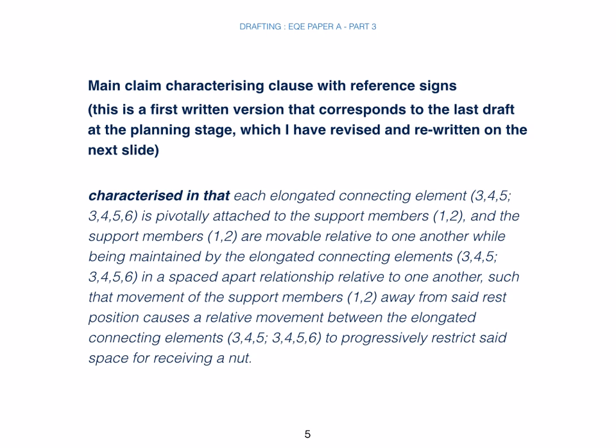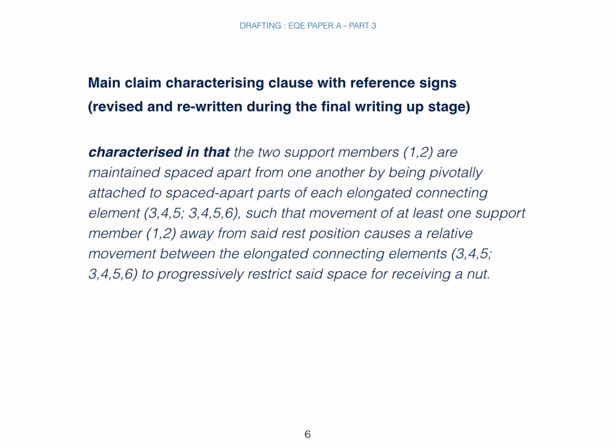So I still have an opportunity to revise the characterizing part. I'm going to do it, and you may want to do the same for your claim. Here now is the revised version of my characterizing clause.